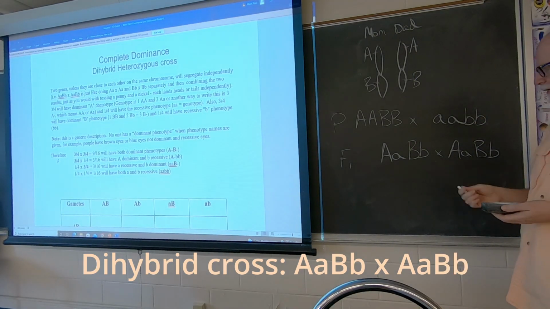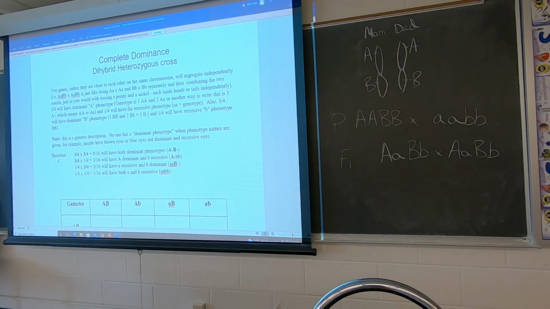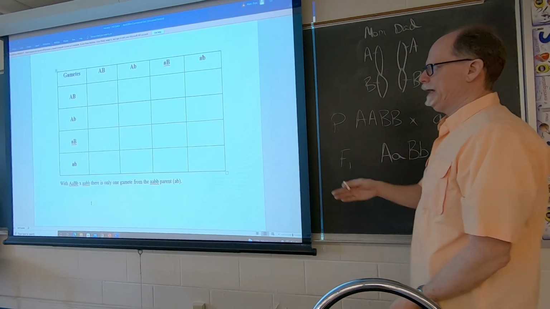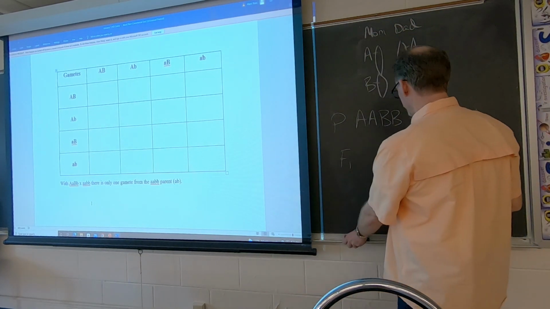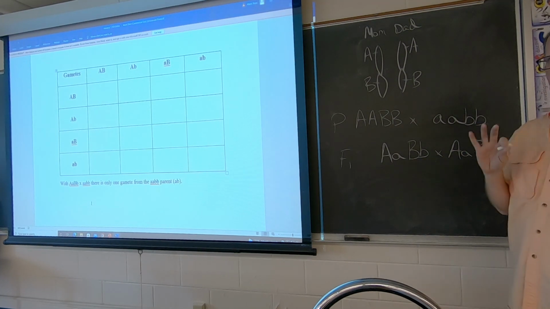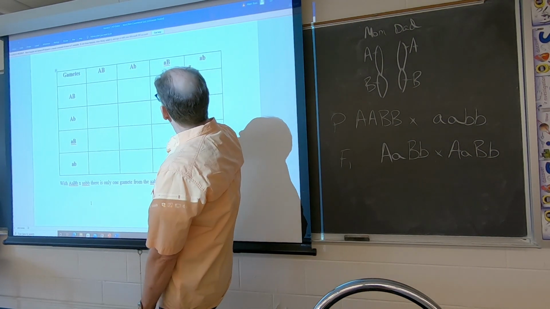So in this cross, you generate 16 squares that you see here. To get the gametes, this individual and this individual both generate the same gametes, shown here.